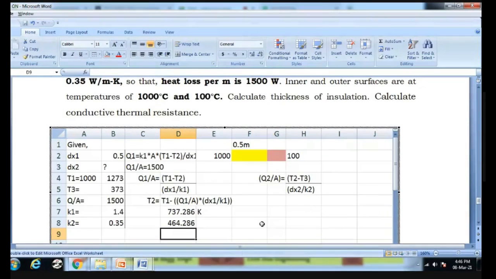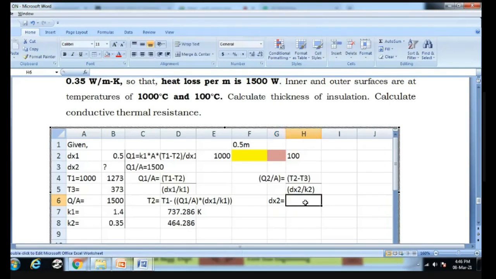Now find out, what do you want to find out here? The second numeric, second stage. Actually, you know the differences. You know T2 is 464, and you know this T3 is 100 degrees Celsius. You can find out dx2.